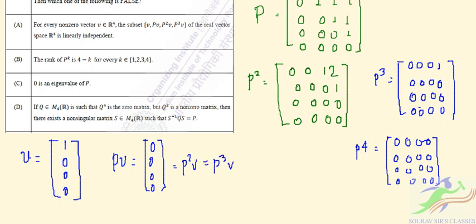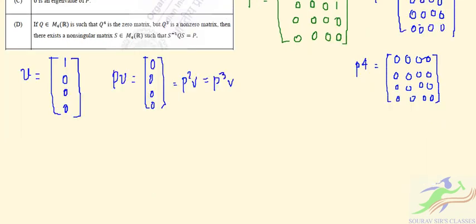So for these vectors to be linearly independent, what is the condition? C1 V plus C2 PV plus C3 P square V plus C4 P cube V should be equal to 0.